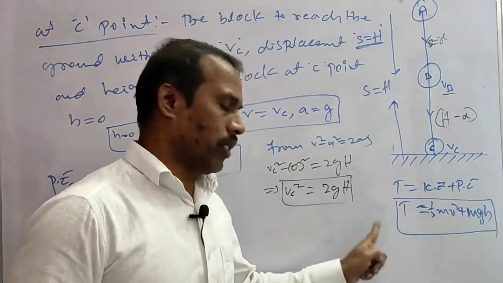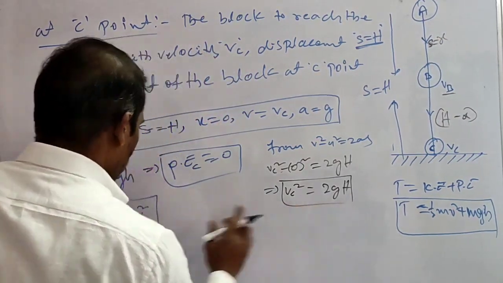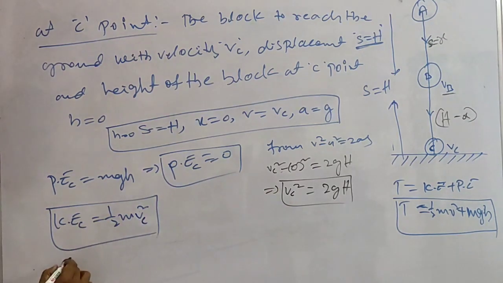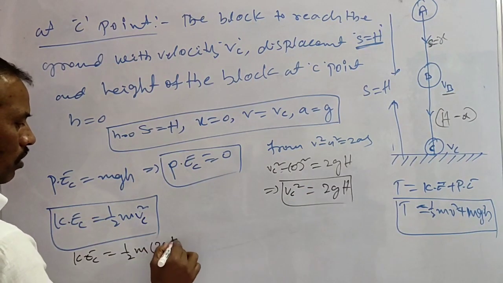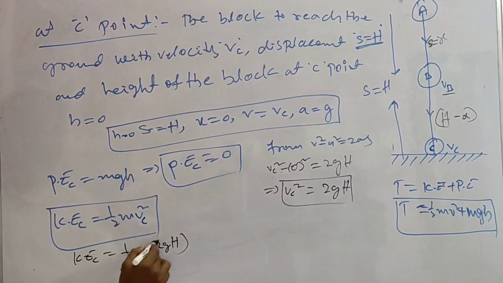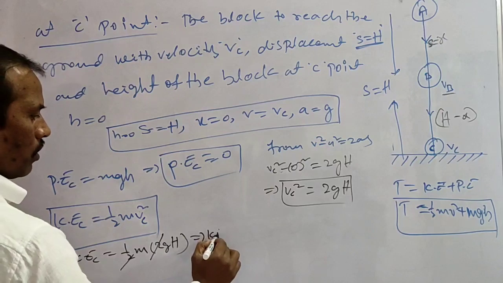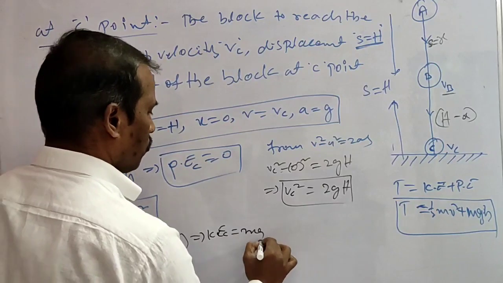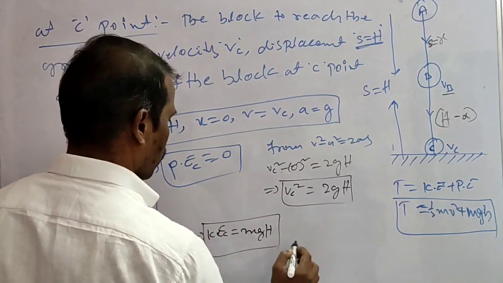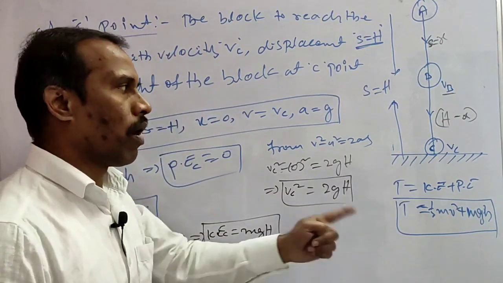Substituting this value, the kinetic energy at C point is equal to 1/2 m into 2gh. The 2 gets cancelled, so the remaining kinetic energy at C point is equal to mgh. This is the total energy of the block at C point.